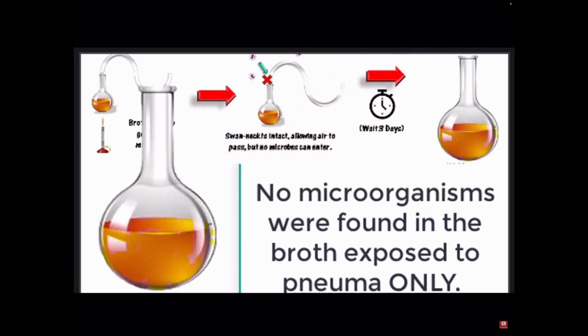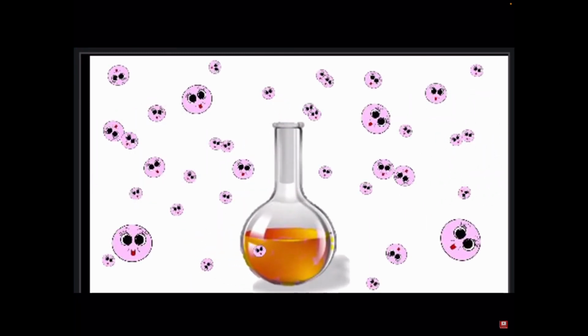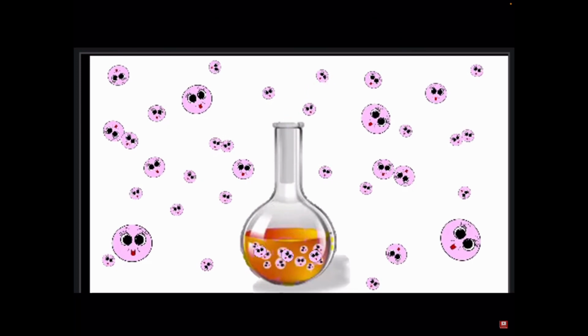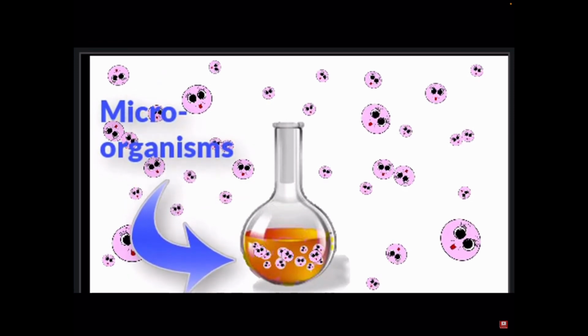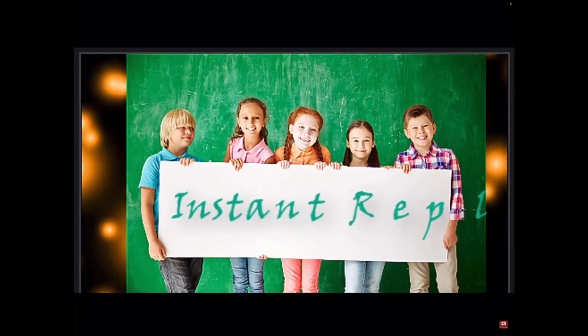So they repeated the experiment, but this time they broke off the swan neck portion of the swan neck flask. These organisms that you couldn't see, that were just hypothesized to be in the air, now did have access to the broth. And they waited 3 days for the incubation, and lo and behold, there was growth in the broth.